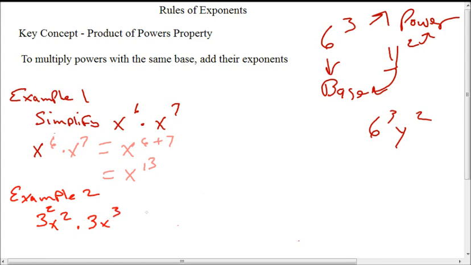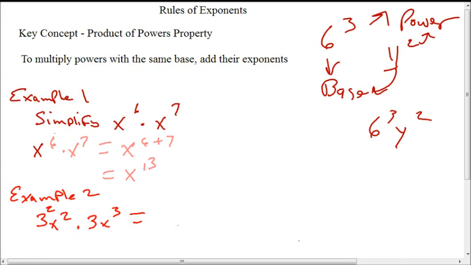So we can make this a little easier for us to read by, if you were doing mixed numbers, you would multiply the whole numbers times each other, and then the fractions times each other. This is what we're going to do here. We're going to take the coefficients, that's the number in front of the variable.